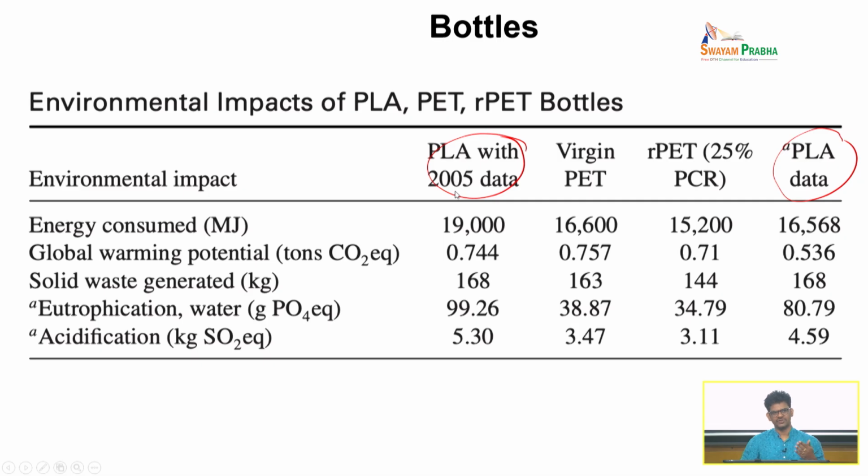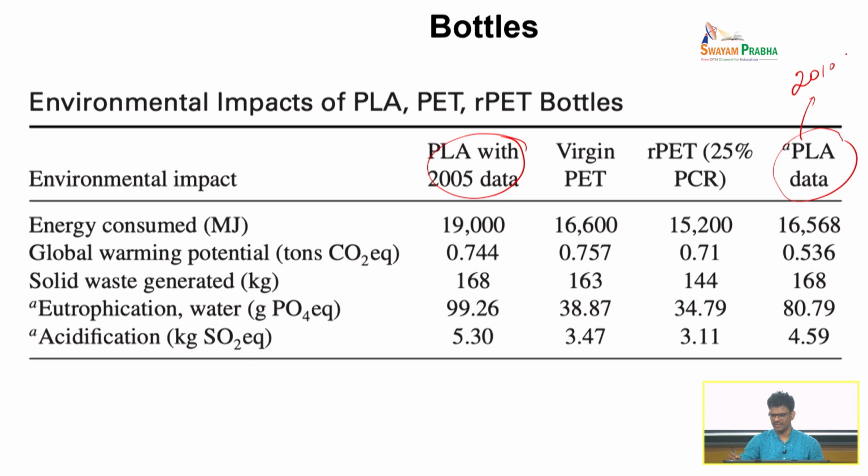A lot of process optimization happened, a lot of energy consumption was reduced, a lot of modification happened, and that led to a new set of data, I think about 2010 or 11. So you can see there is a difference between the first column and the last column in all the quantities. Broadly, there is some sort of improvement from the 2005 data to the 2010 data.